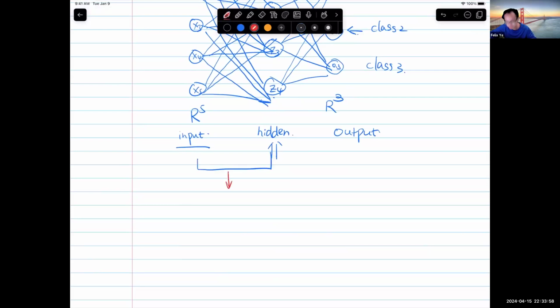This process is a(x) equal to g(W1 x plus b1).